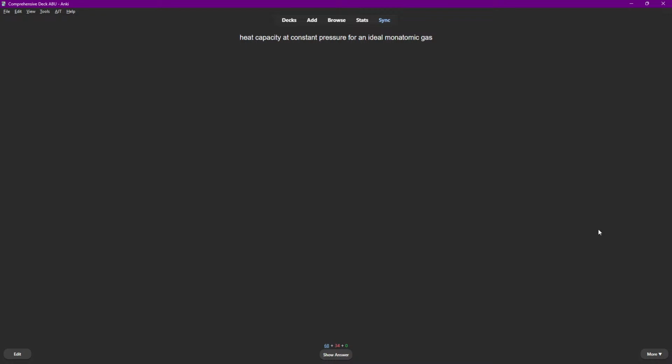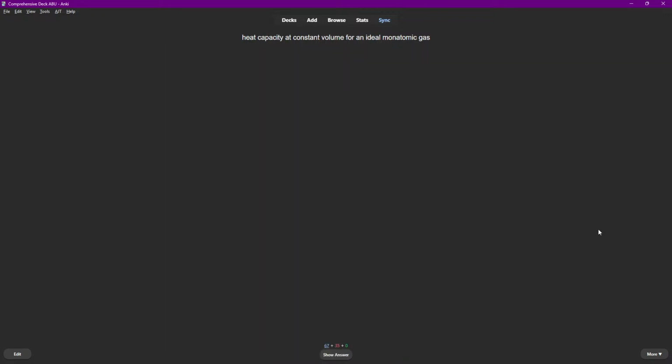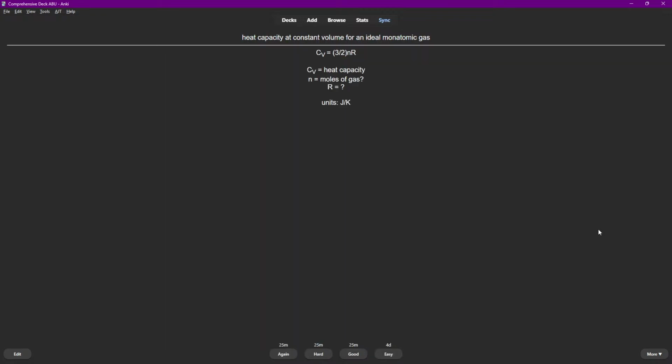Heat capacity at a constant pressure for ideal monatomic. That's like 3/2. Monatomic? I thought diatomic was 5/2. 3/2. I think it was a typo.